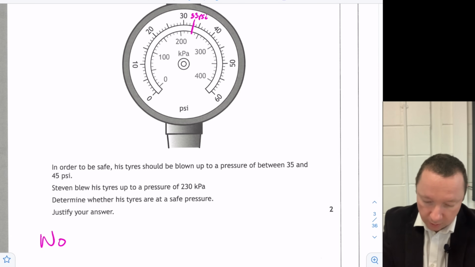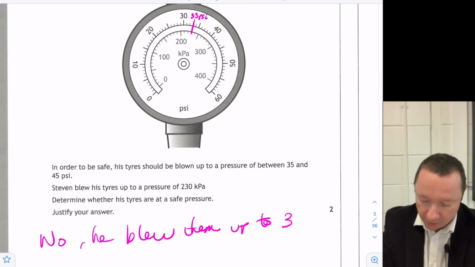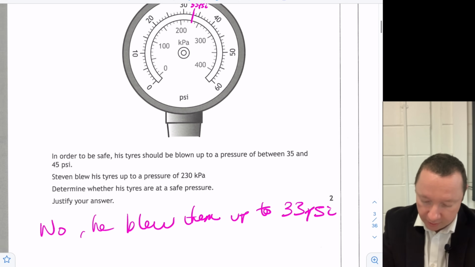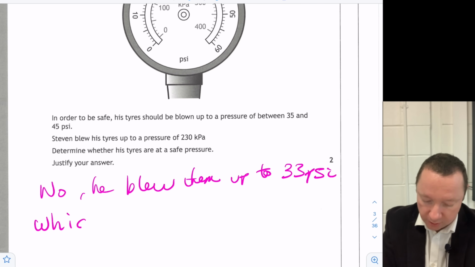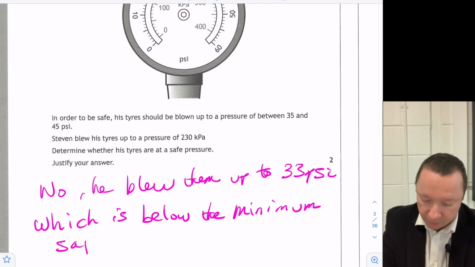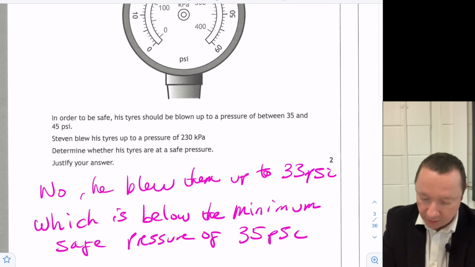No. He blew them up to 33 PSI, which is below the minimum safe pressure of 35 PSI.